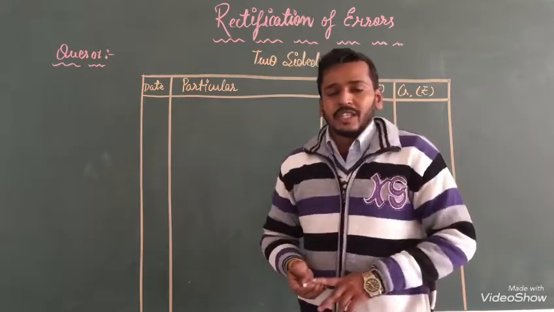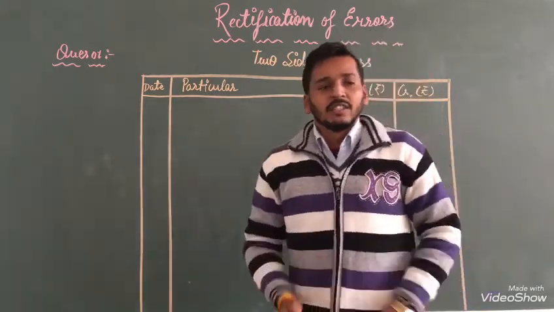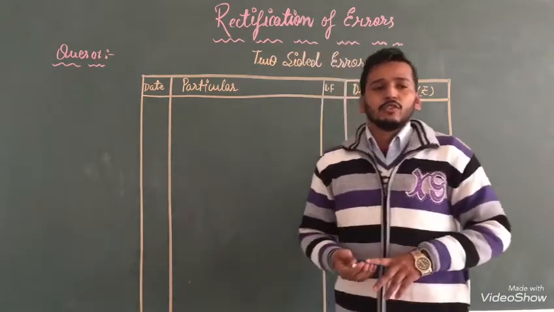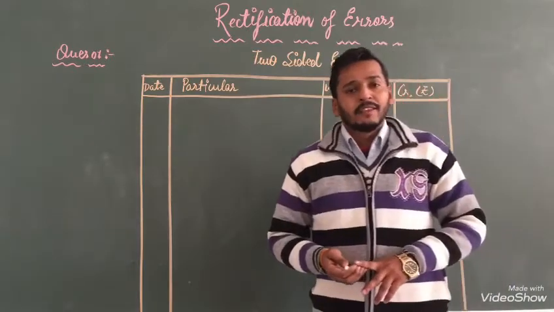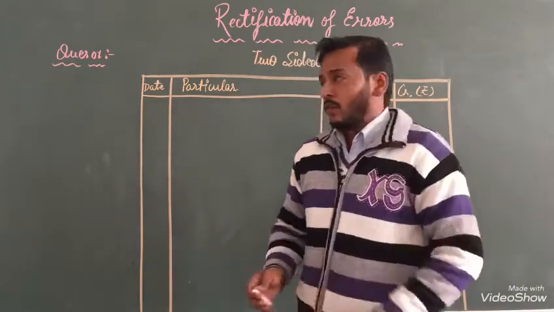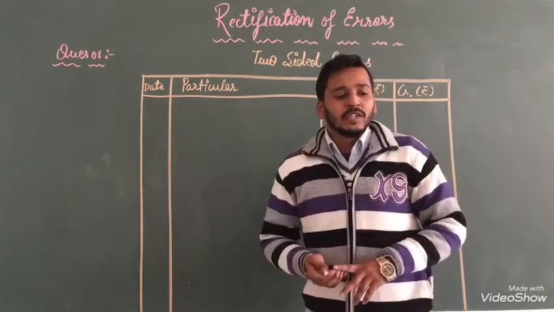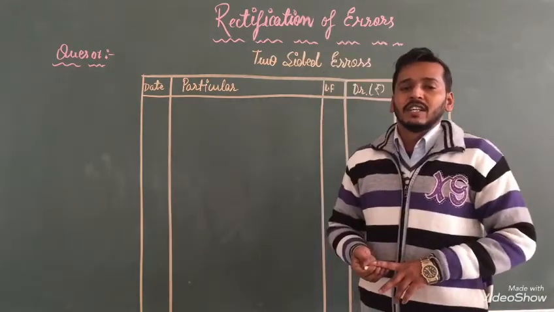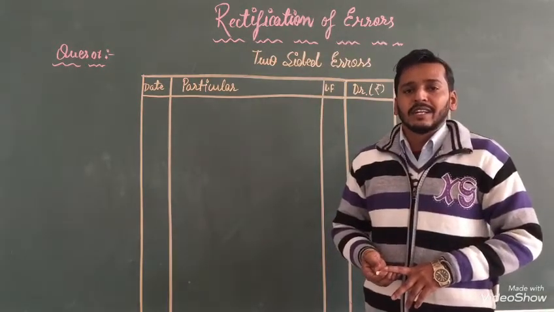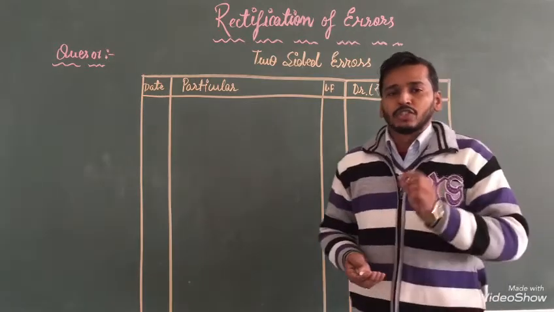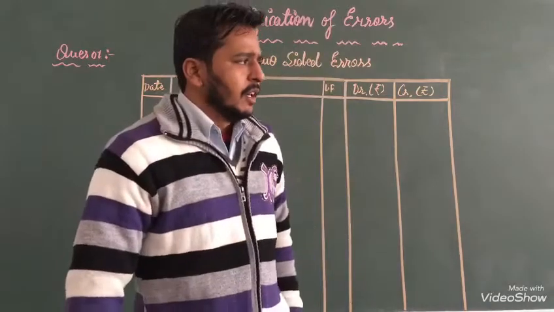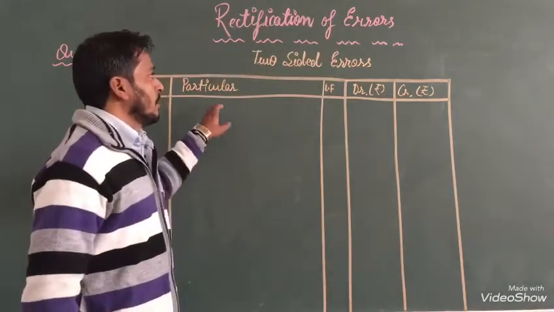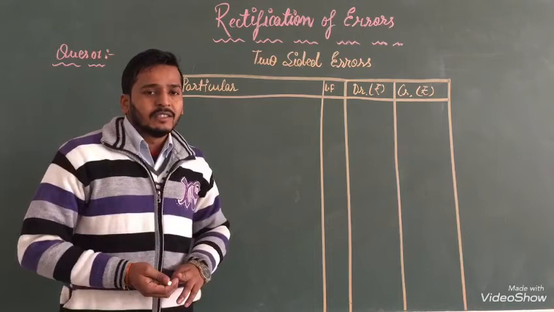With this lecture, we are going to learn how to rectify the errors. With the help of one question, we can understand all these things and explain how we can calculate our error.